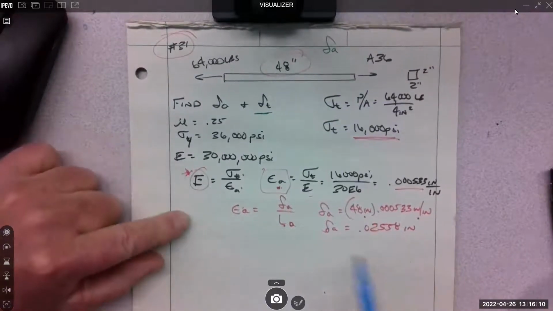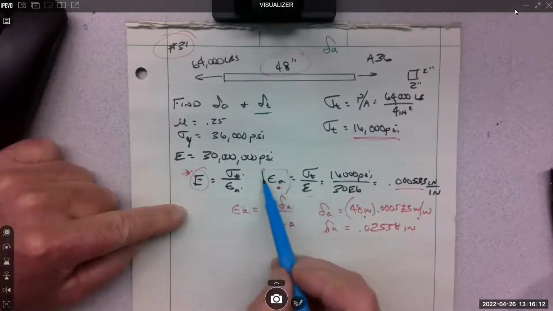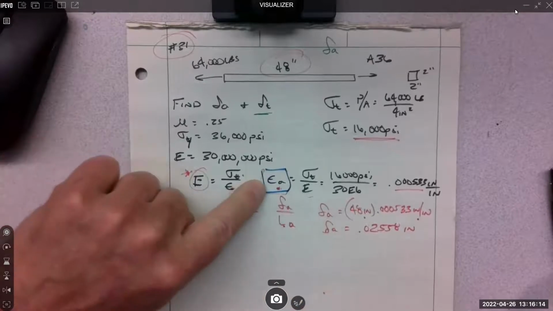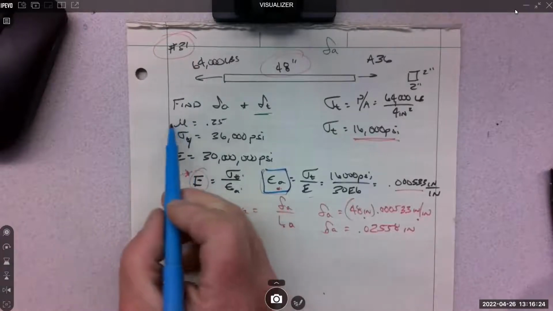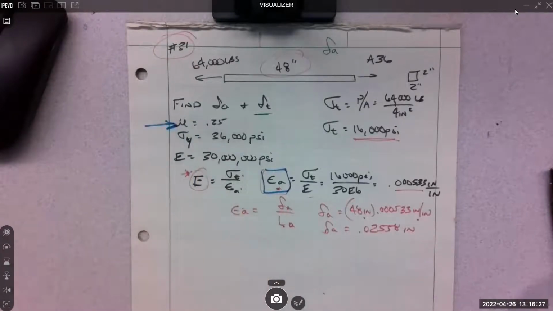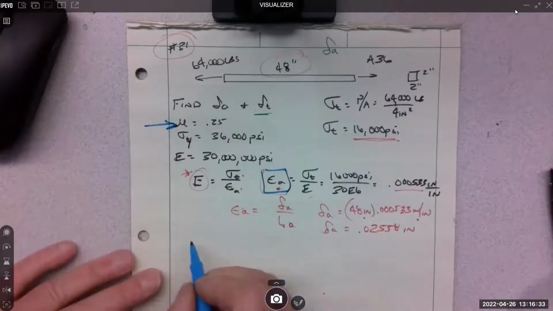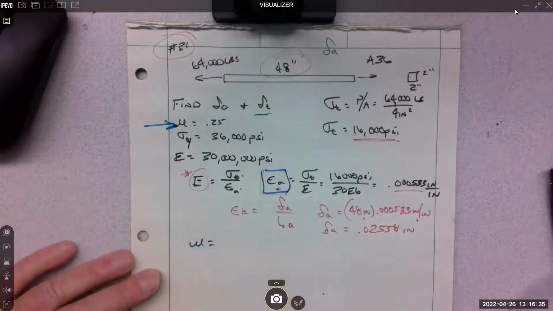So there was a relationship between the strain along the axis and the strain on the transverse, right? Anyone remember what that is? Yep. Poisson's ratio. So mu equals the strain in the transverse over the strain in the axial.